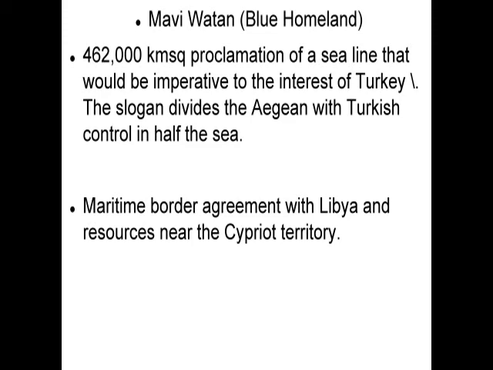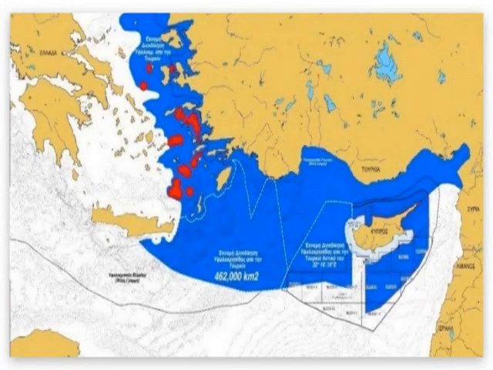This divides the Aegean into half. About 50 to 60% of it goes to Turkey, where it claims most of those islands that are near Turkey. You see Rhodes over there, you see other islands over there, and all of those are now under the claim of Turkey.